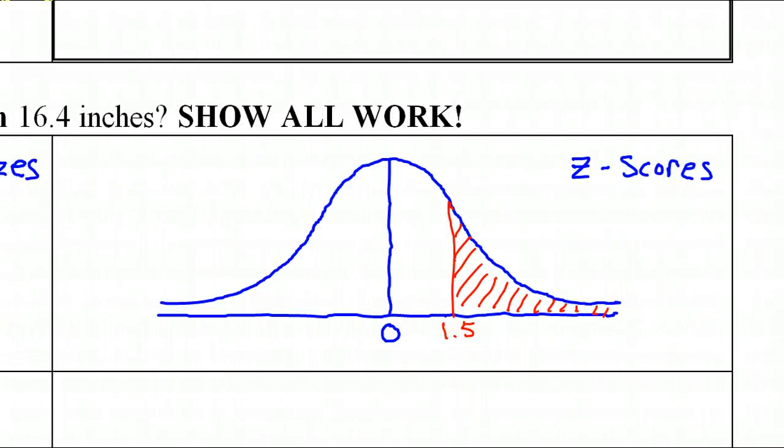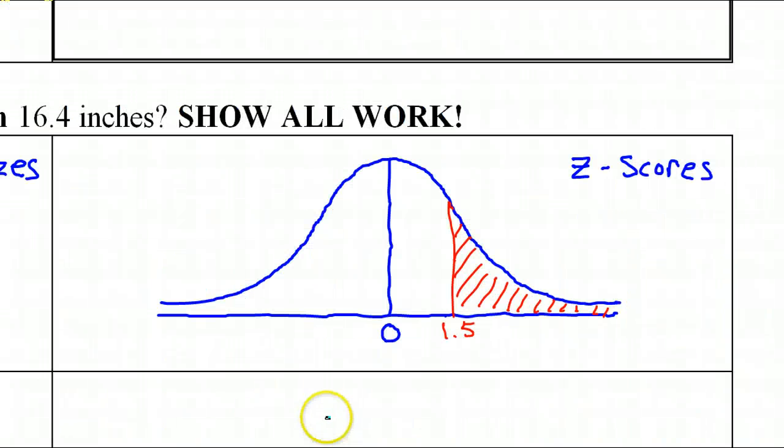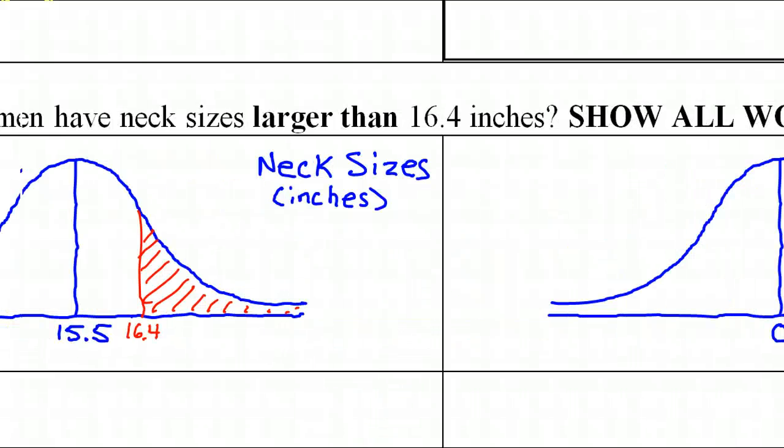Anyway, we can use this chart to help us turn the z-score into a percentage. But be careful, because remember, this chart only gives you values less than. It only gives you the percentage less than a z-score, not greater than. So we always have to start off with the less than situation.